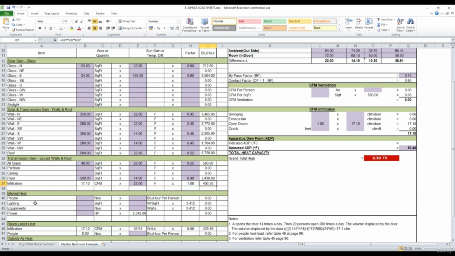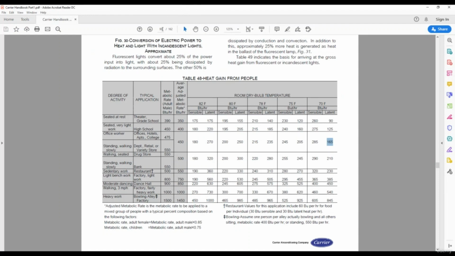Next, we are going to calculate the sensible heat generated by the occupants of the room. As stated in the problem previously, there are 20 occupants in the room, and to find out the heat generated per person, we have to refer to table 48 at page 99 of the Carrier Handbook. Since the temperature of the room that has to be maintained is 72°F, we are going to consider the room temperature as 70°F here.